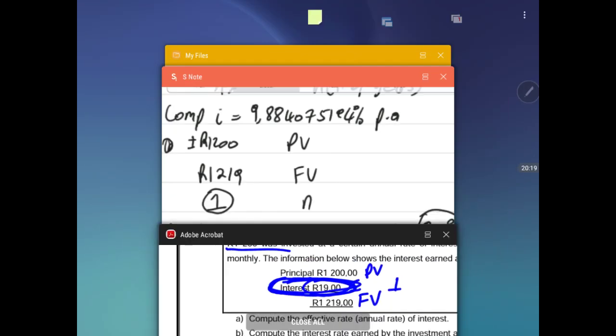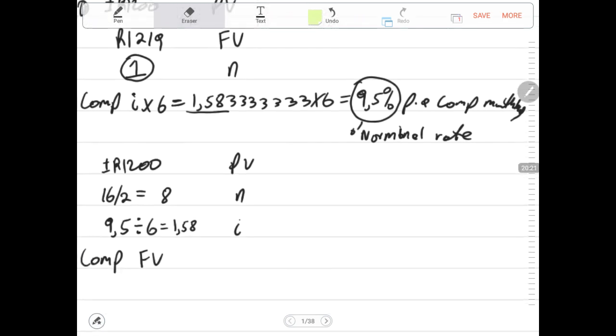Now let's go back to our calculations once again. We are looking for the future value at the end of month 16, meaning the future value after 8 compounds of interest have been earned, or after the interest had been compounded 8 times. Then I'll be using my manual calculator once again.